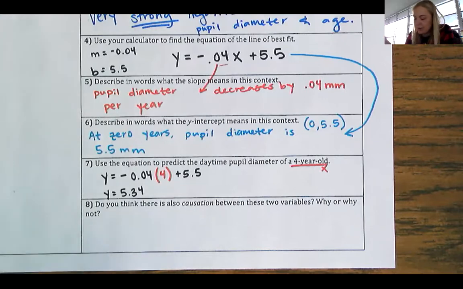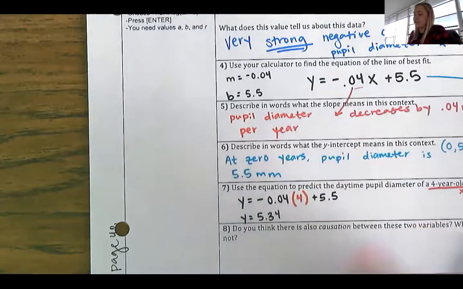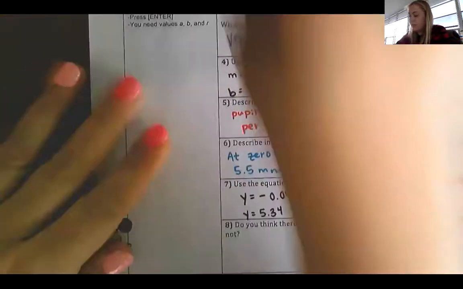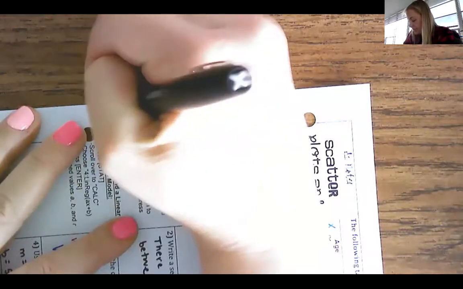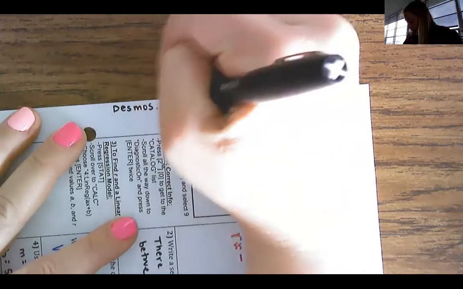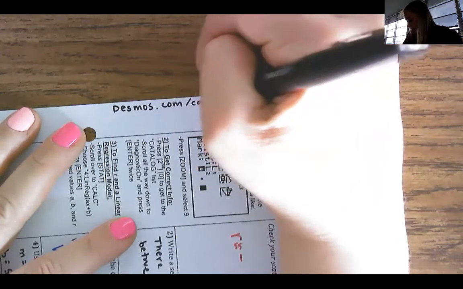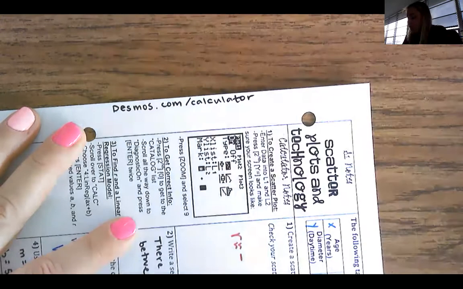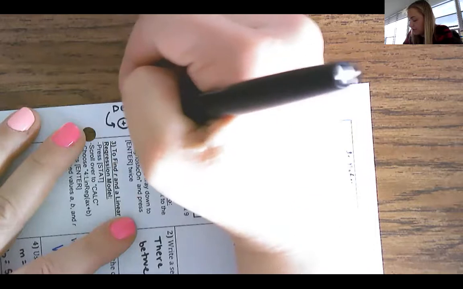There's something else that I would like you to write down over here in the margin. I want to remind you that when you go to this stuff, I'm going to write my paper sideways, we're using desmos.com/calculator. And you are going to click the plus sign and table.